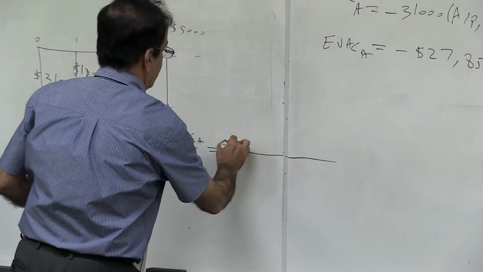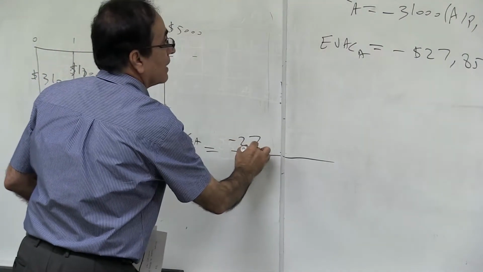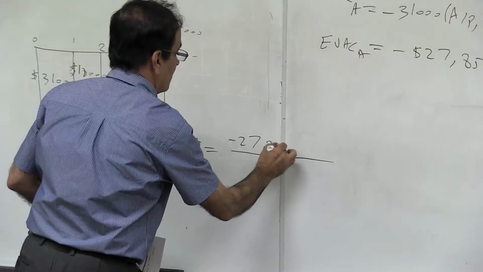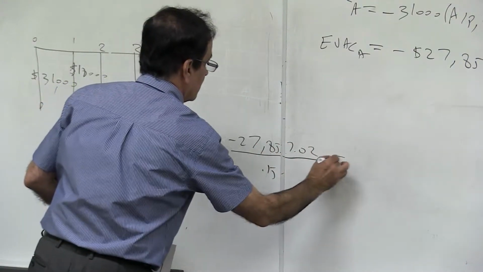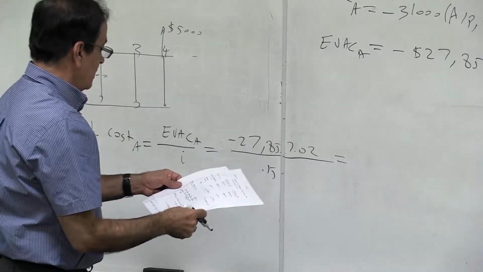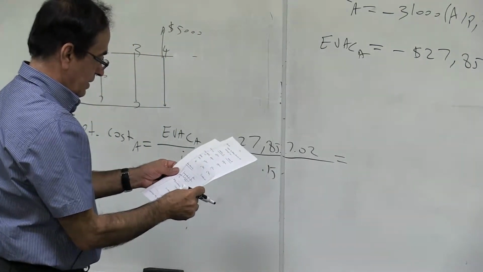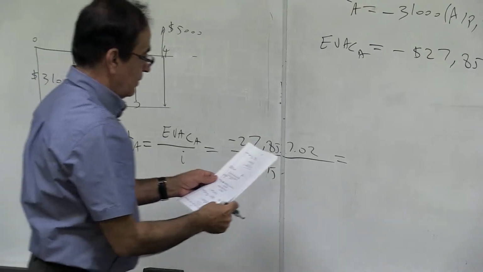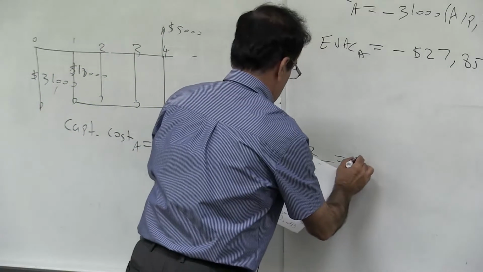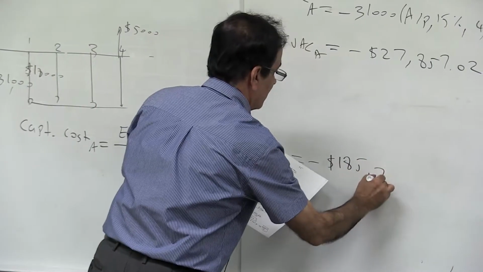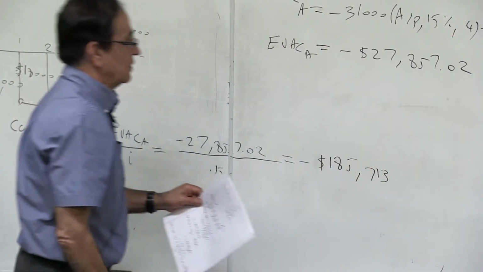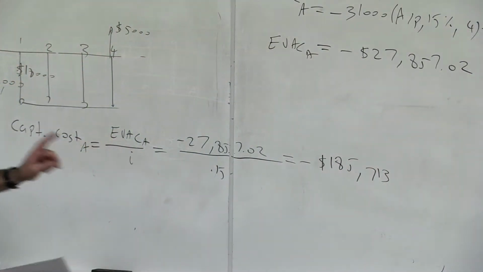This is negative $27,857.02 divided by 15%. That's going to give you the capitalized cost for this example. It's going to be negative $185,713.